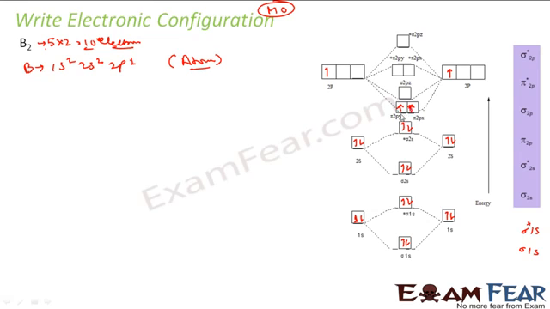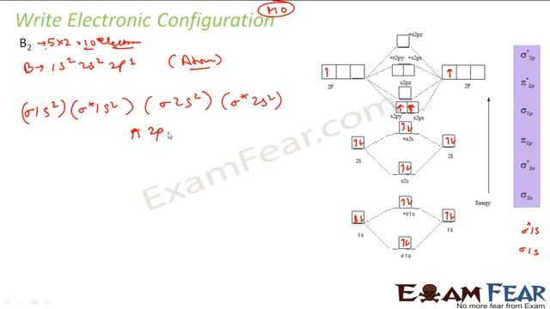So the electronic configuration for this will be what? It will be sigma 1s2, then sigma star 1s2, then sigma 2s2, then sigma star 2s2, then pi 2p2, correct?